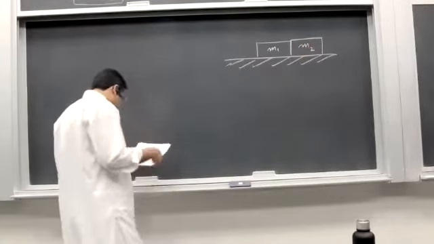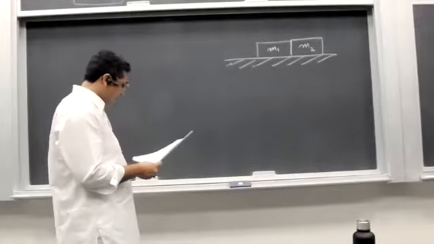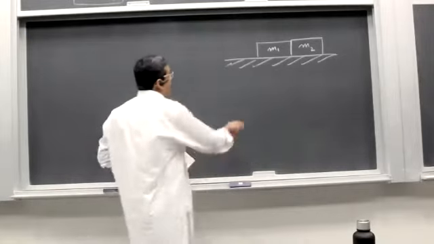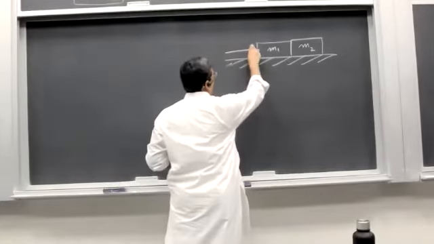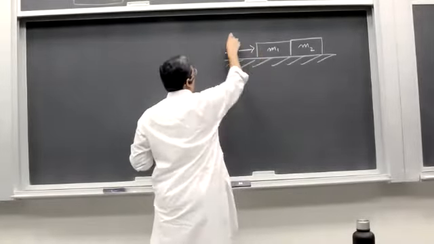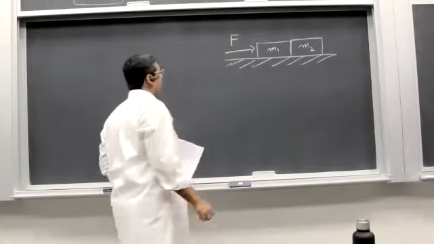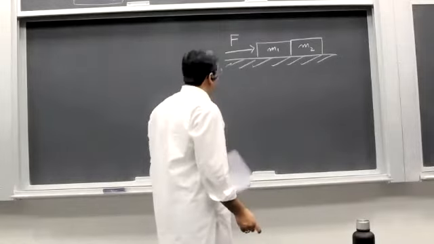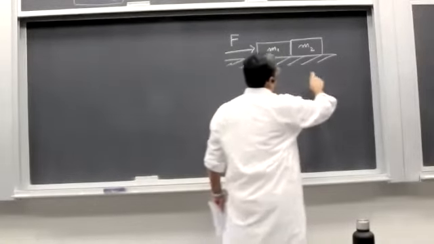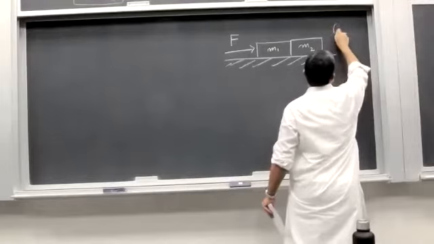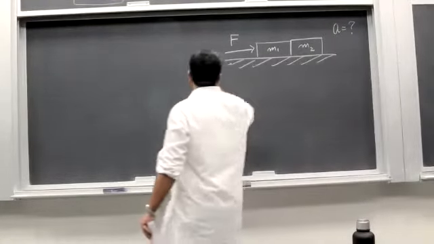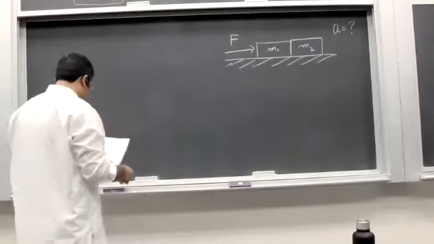Again, we are assuming that the force of friction is negligible, and we are applying a force. We are pushing on this block on the left side with a force F. And we are interested in what is the acceleration of the blocks. So the question that we want to answer is, we want to find the acceleration. We are pushing the two blocks with the force F.